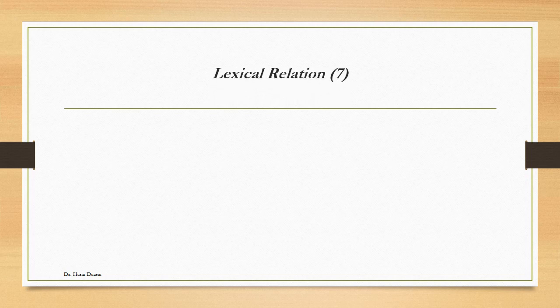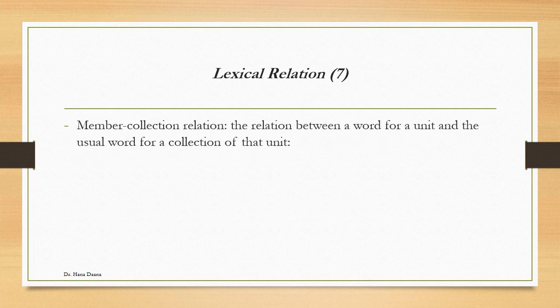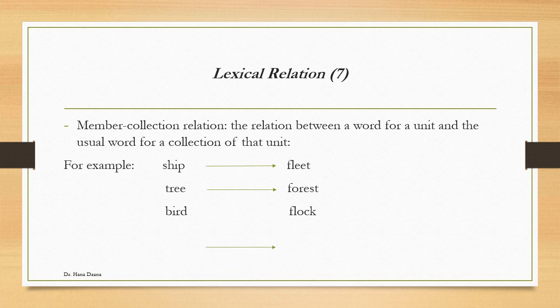The seventh relationship is the member-collection relationship. Member-collection relation is the relation between a word for a unit and the usual word for a collection of that unit. For example, a ship is a member of a fleet, a tree is a member of a forest, and a bird is a member of a flock.